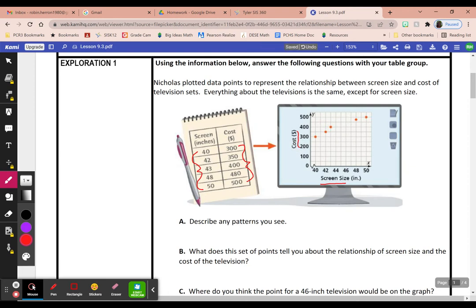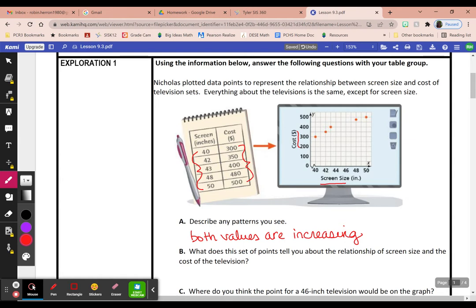Part A says, describe any patterns you see. Hopefully you're seeing that both of the values are going up together, so both values are increasing. As the screen size gets bigger, the cost gets more and more expensive.